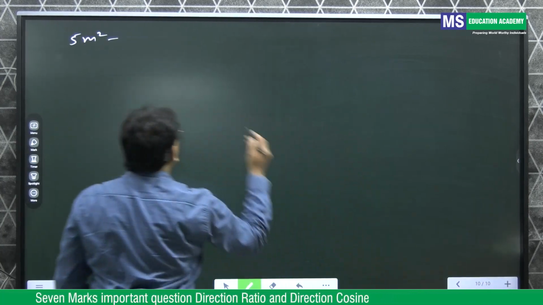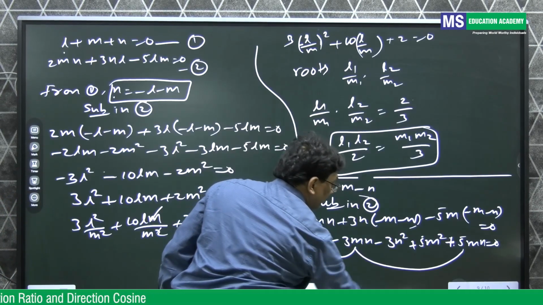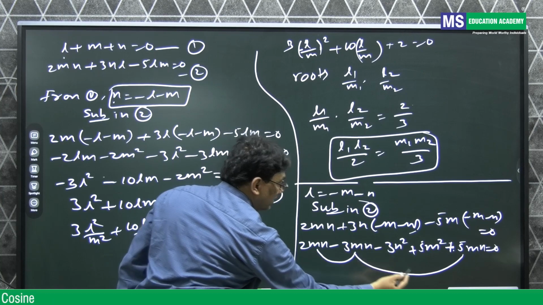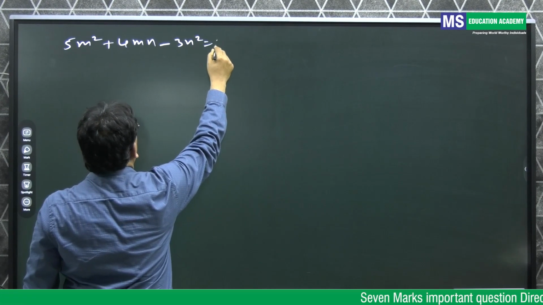That's why plus 4mn. Next, n square term: minus 3n square equal to 0.